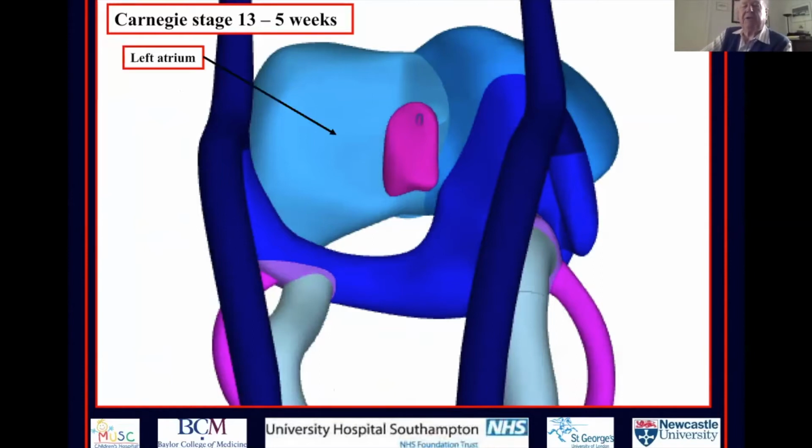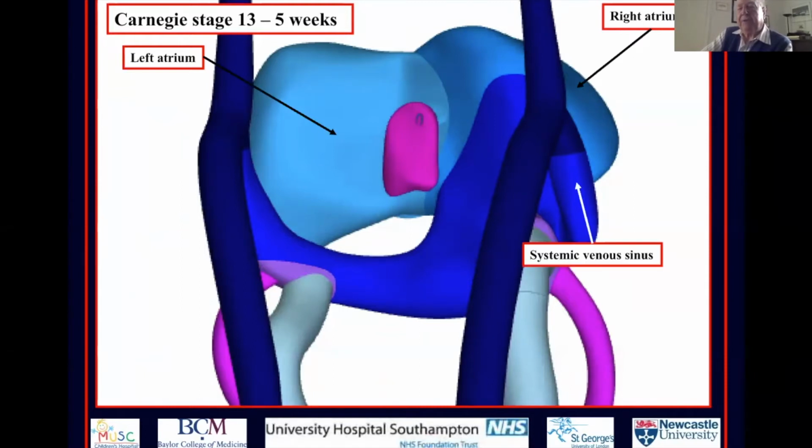We can now distinguish between the left atrium and the right atrium, but the key now is that the systemic venous sinus has changed, has moved, so that now it opens only to the cavity of the right side of what initially was a common atrial chamber. We also at this stage see venous valves that mark the boundary between the systemic venous sinus and the atrial component of the initial primary heart tube.